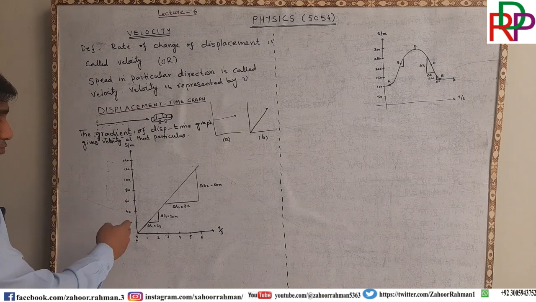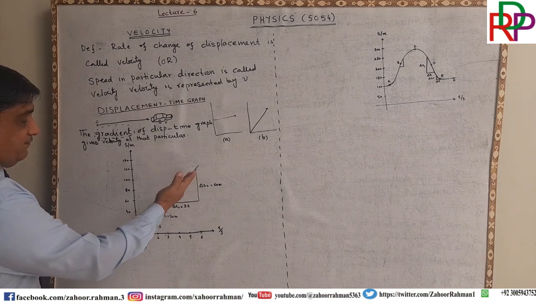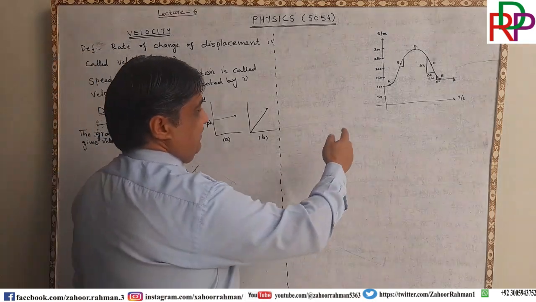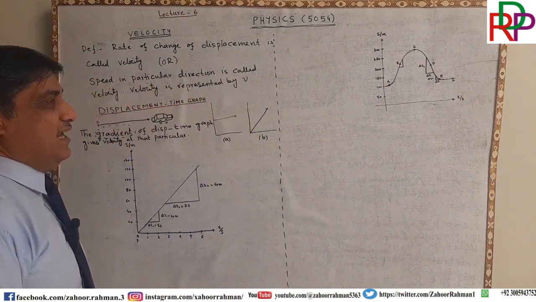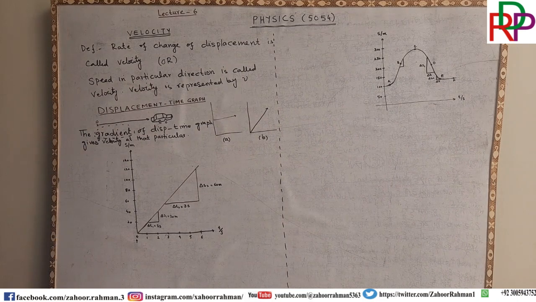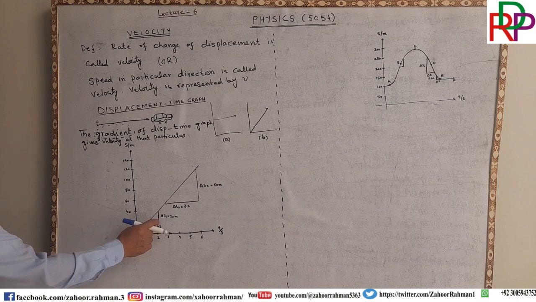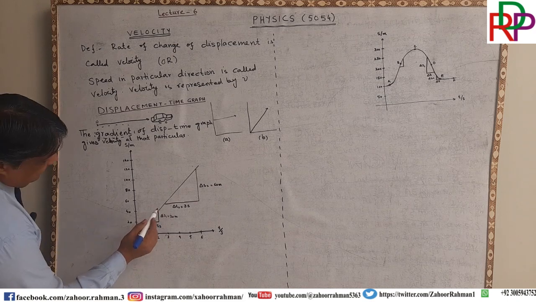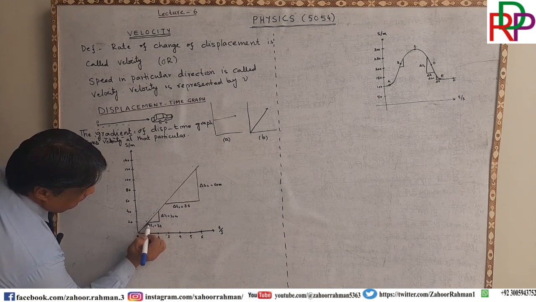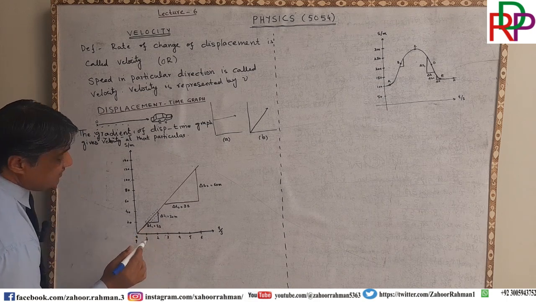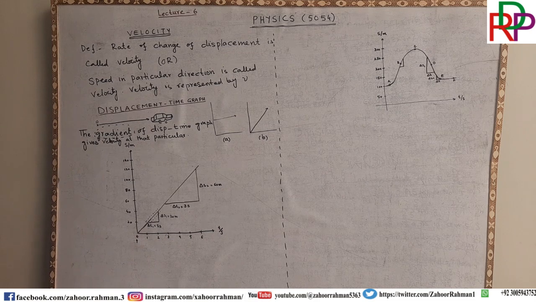We will study two different types of graph, one with a straight line and one which does not have a straight line. First we are discussing this. At this particular instant we want to find the velocity of this car.